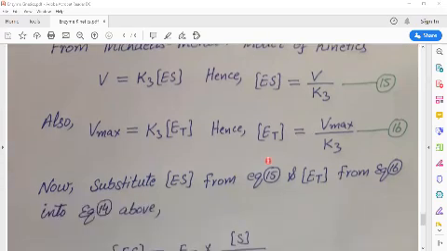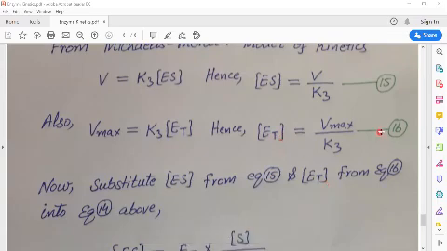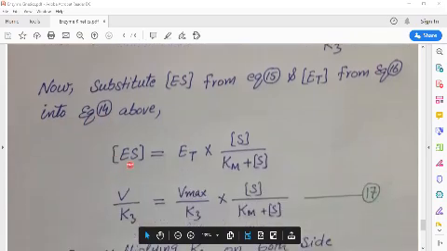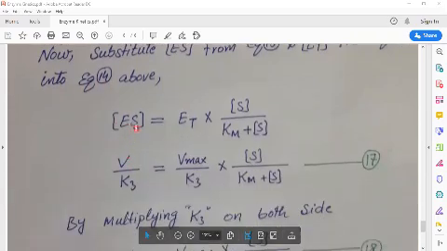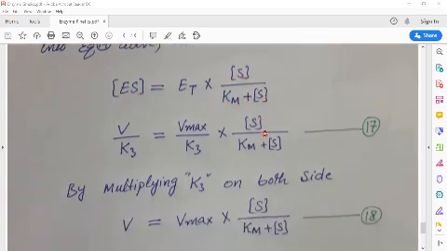Now, substitute enzyme substrate concentration from equation 15 and total enzyme concentration from equation 16 into equation 14. This is equation 14, enzyme substrate concentration is equal to total enzyme into substrate concentration divided by Km plus substrate concentration.